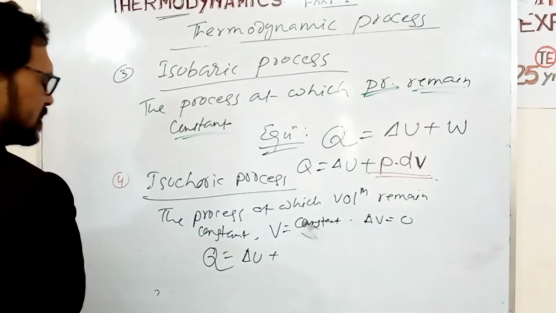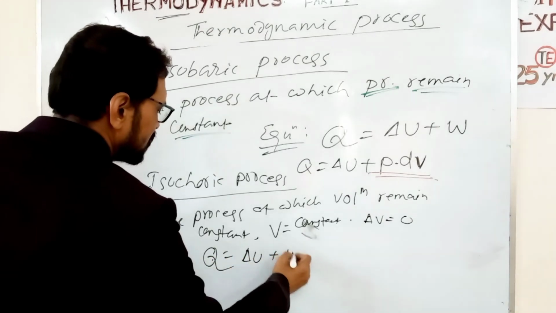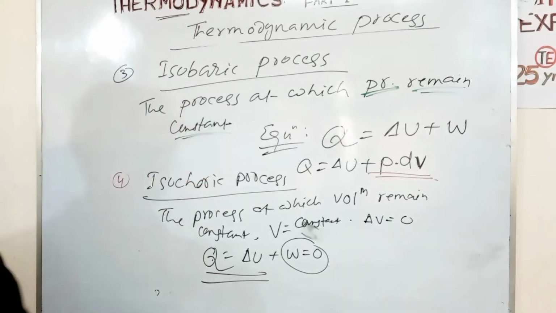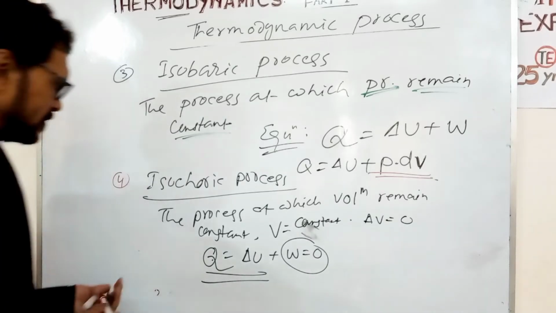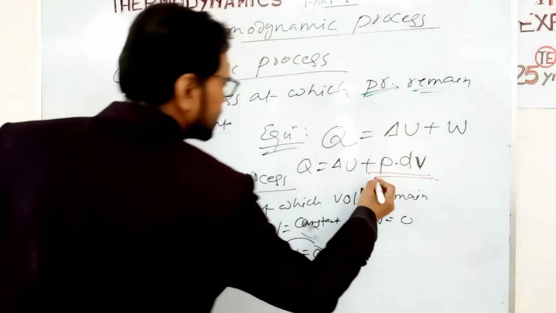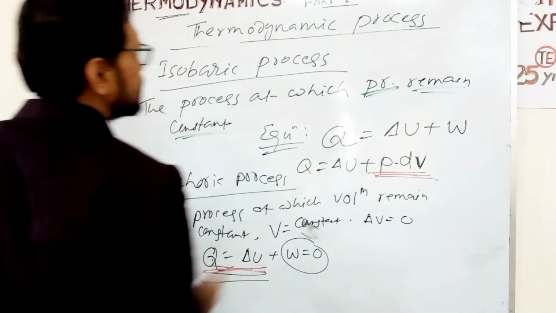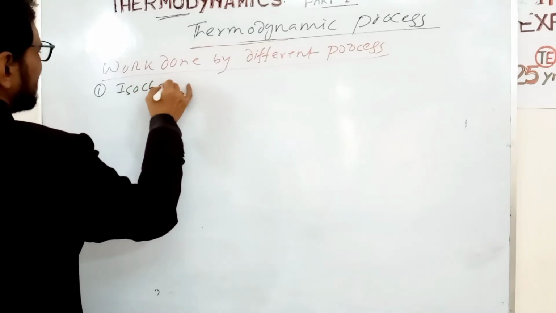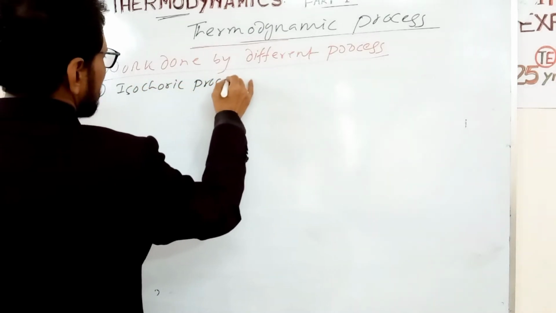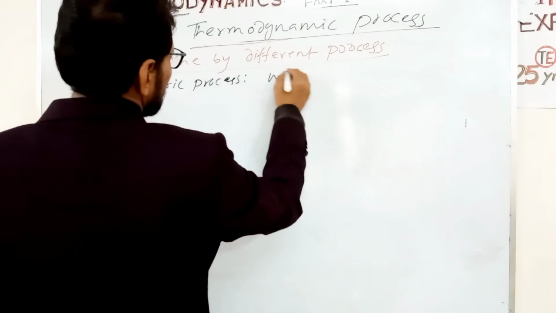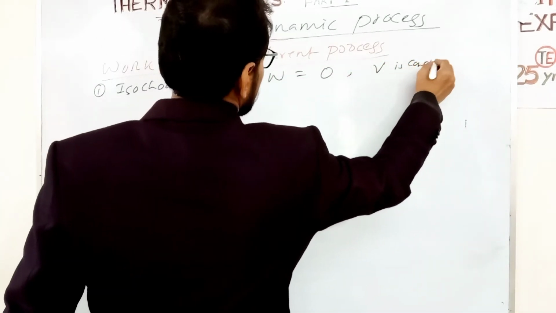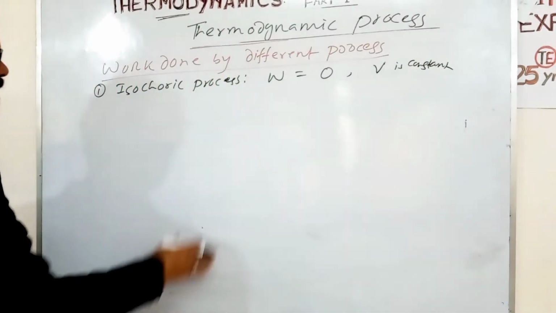So Q equal to del U plus work done, with work done equal to 0 here. So in the isochoric process, when volume remains constant, Q equal to del U. In the first, isochoric process, work done equal to 0 as volume V is constant, as the piston does not move.